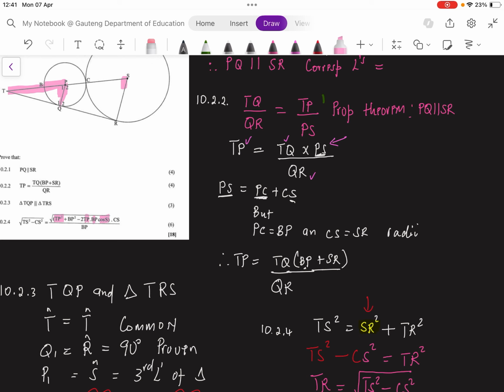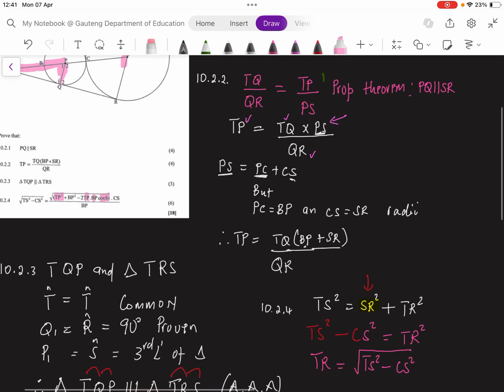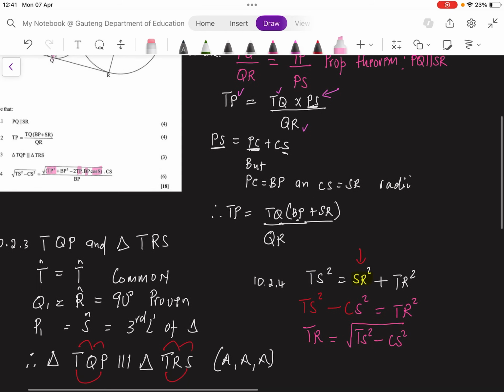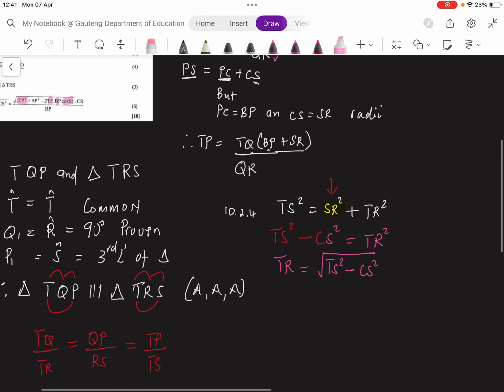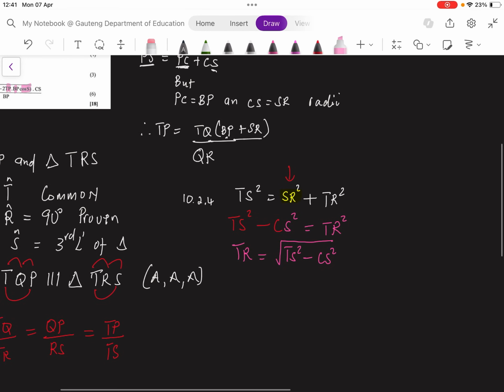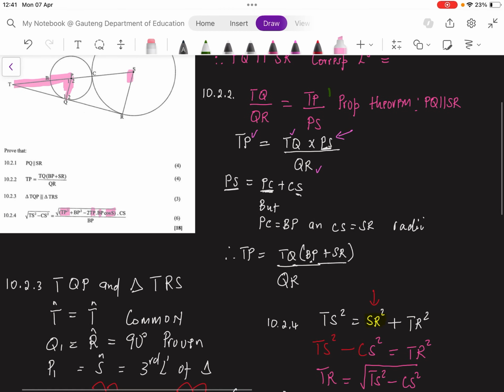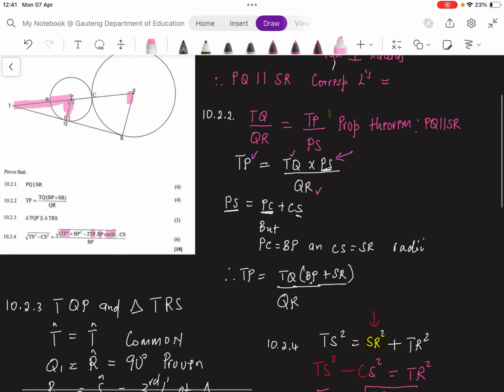There's a cosine rule there. So let me set up my cosine rule. I want to see a picture, so let me erase here above so that I'll be able to set up my cosine rule.